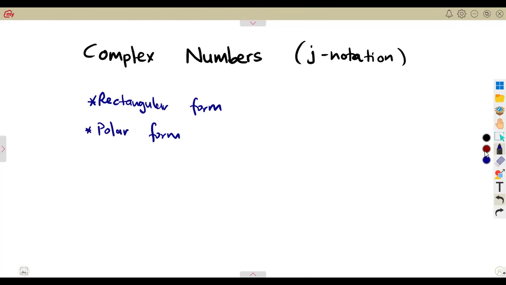So in this case, we are talking of presentations. A number can be presented in rectangular form or in polar form. Maybe you are presenting Z in the form of A plus or minus JB, like this.